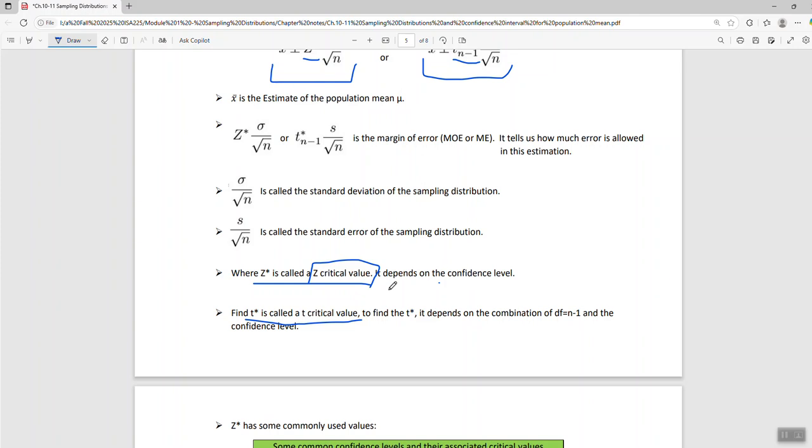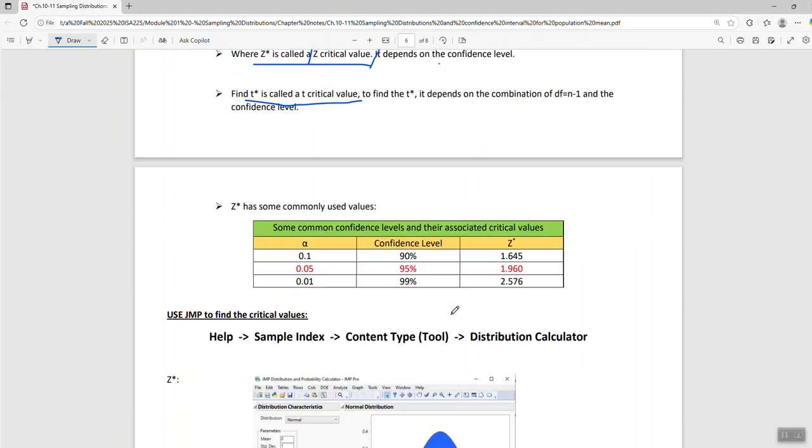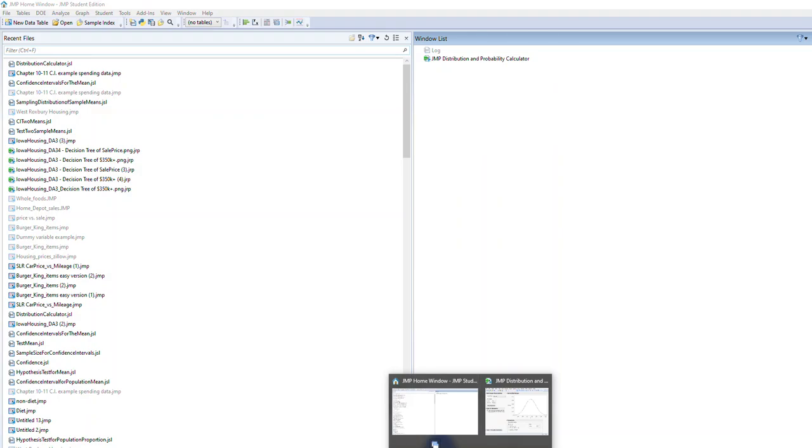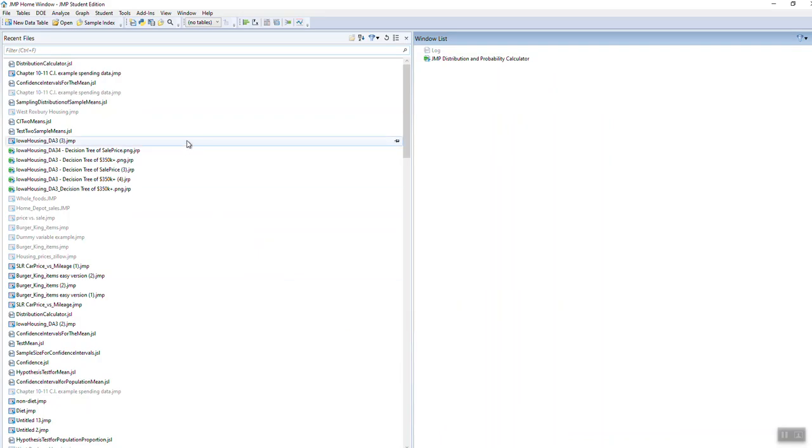In class, we showed some common confidence levels corresponding to the common critical values. Normally we will remember these three, but let me just show you how to get them from the software.